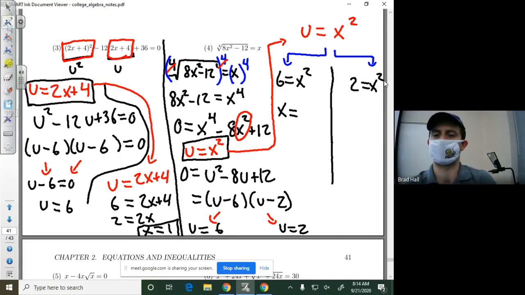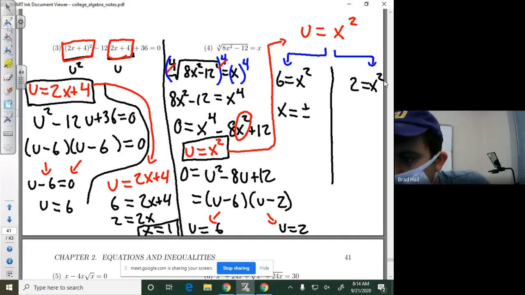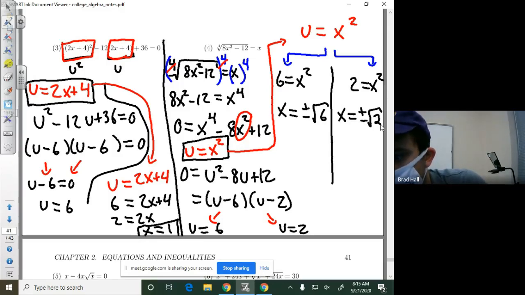It's just as simple as a square root, but remember, you have to do plus or minus. These don't really simplify too nicely. The square root of 6 is not a nice number. You can put it in your calculator and you'll get a decimal.